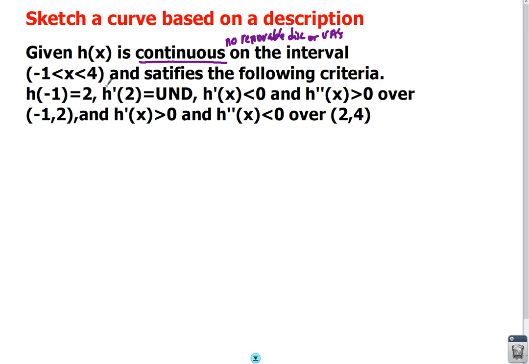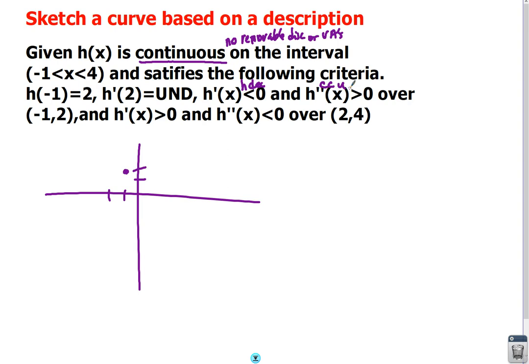So h of -1 is 2. So -1, 2. h prime of 2 is undefined, but my function is continuous, so I know that's not a vertical asymptote. h prime is negative, so h is decreasing, h double prime is positive, so decreasing and concave up from -1 to 2.